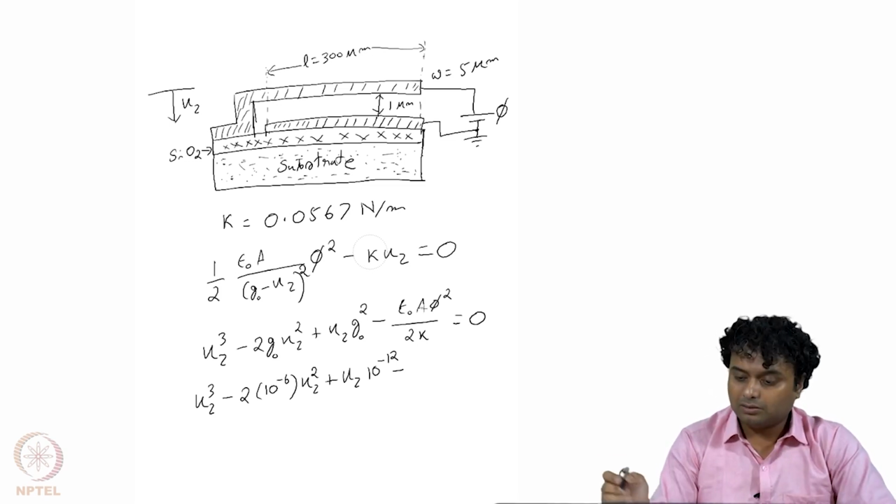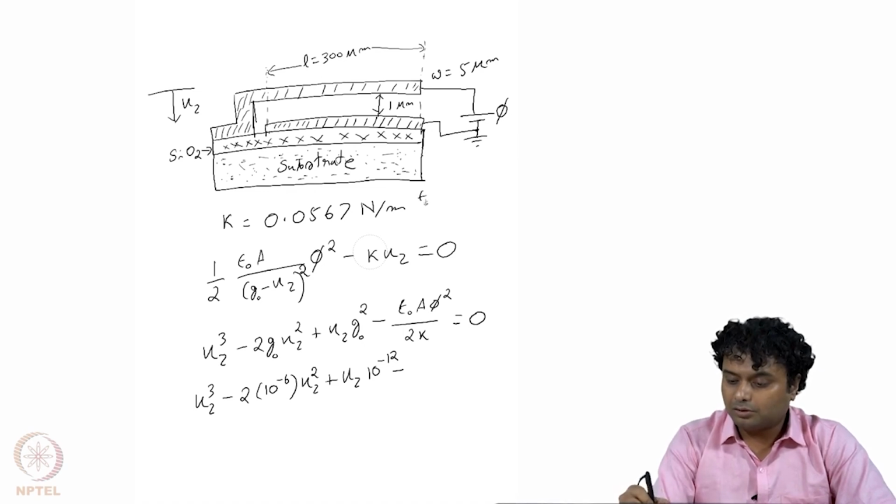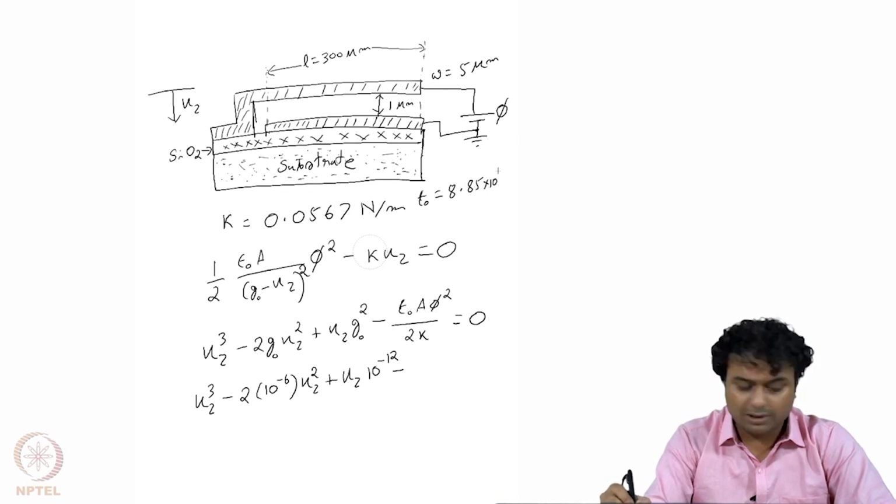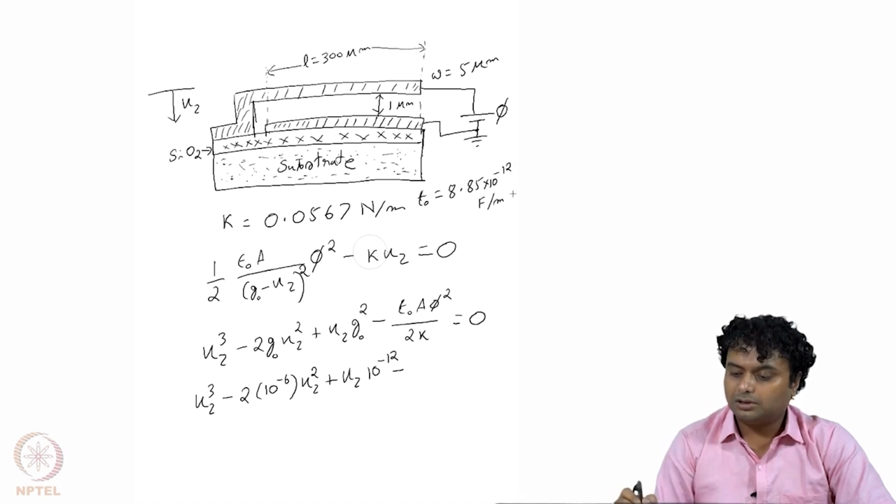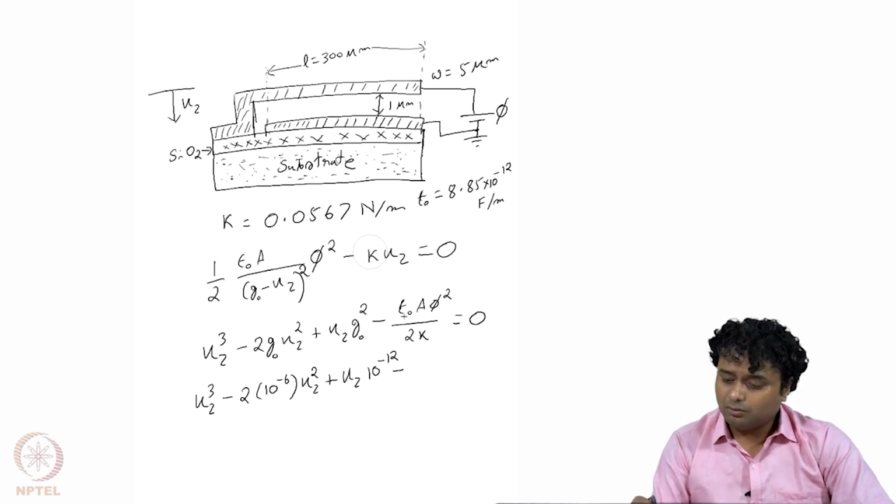So let me write down the epsilon naught value. Epsilon naught value is 8.85 into 10 to the power minus 12 farad per meter, okay, in SI unit. So now we put all those values, K also we know, right.